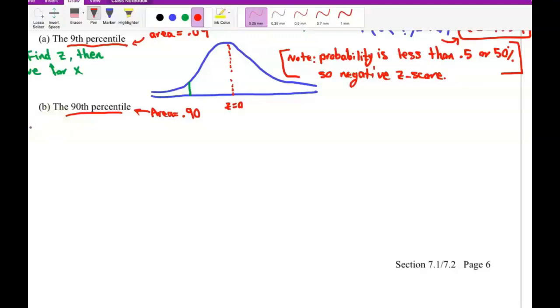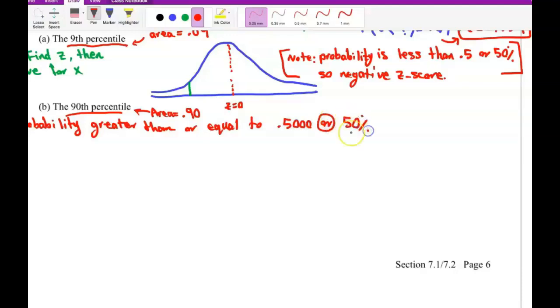What that means, z-score is a positive number. So probability greater than or equal to 0.5 or 50%. What that means, use positive z-score.